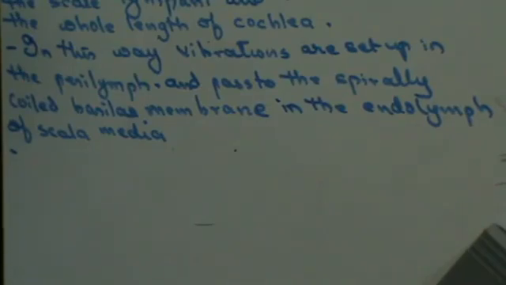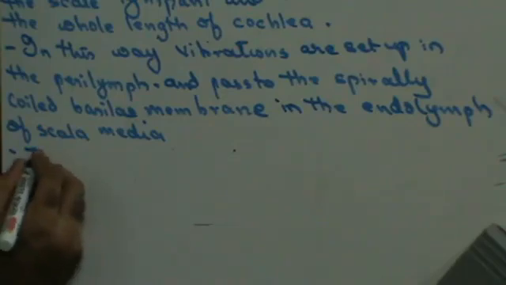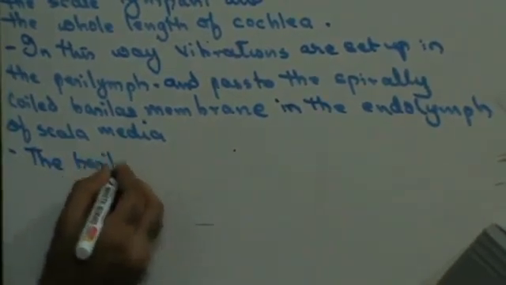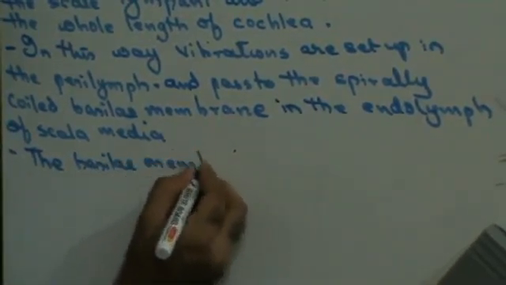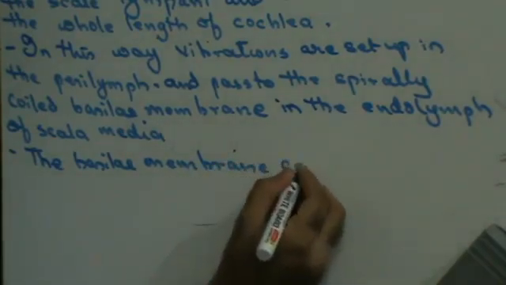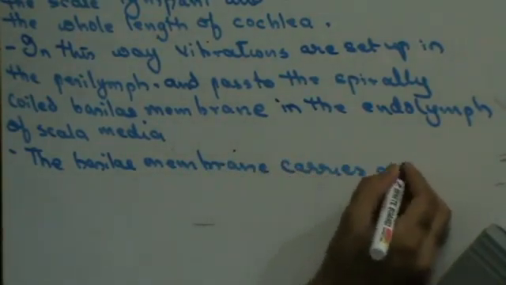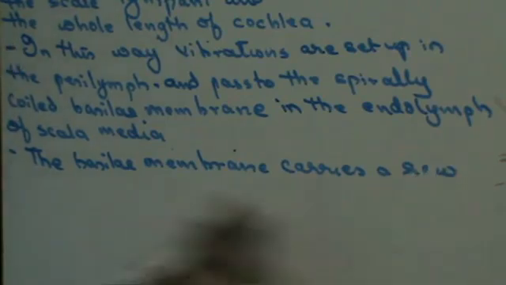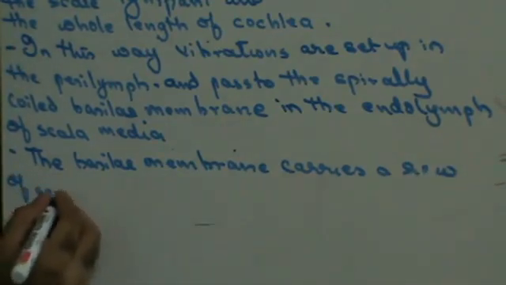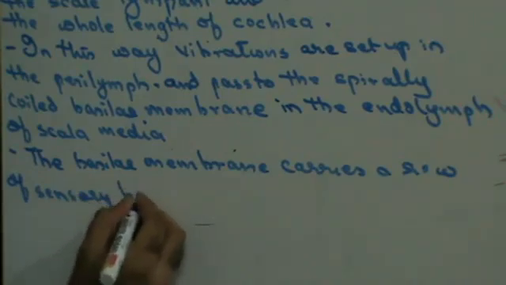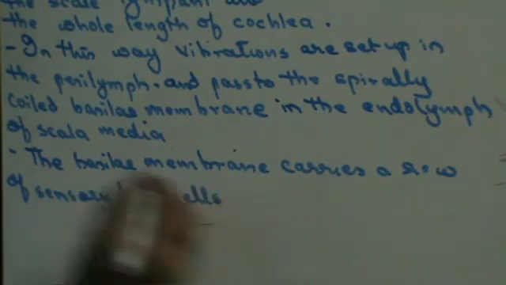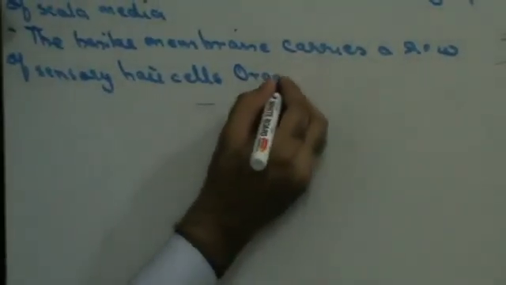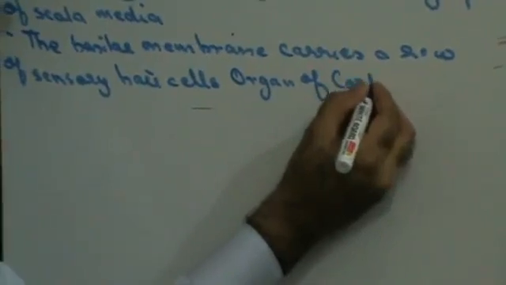Right, now the basilar membrane carries a row of sensory hair cells called the organ of Corti.